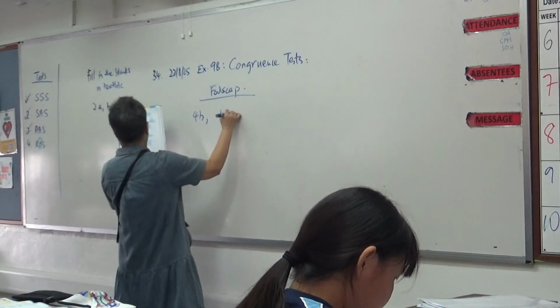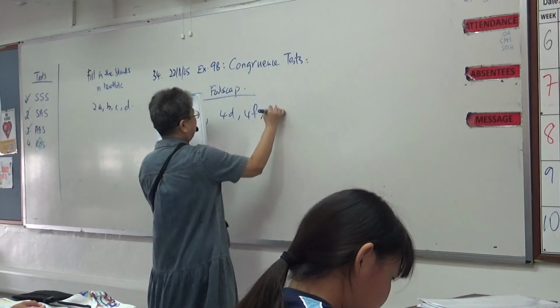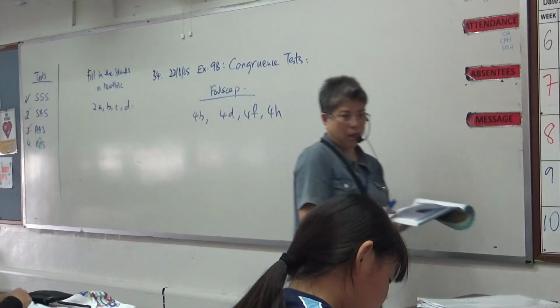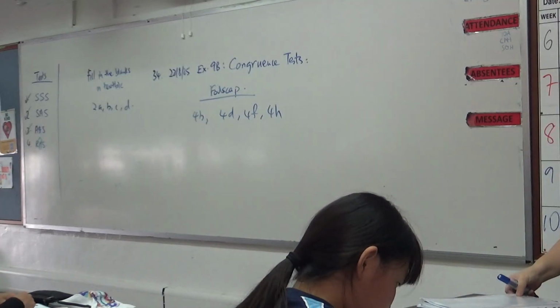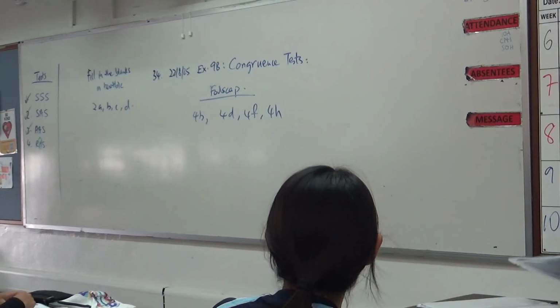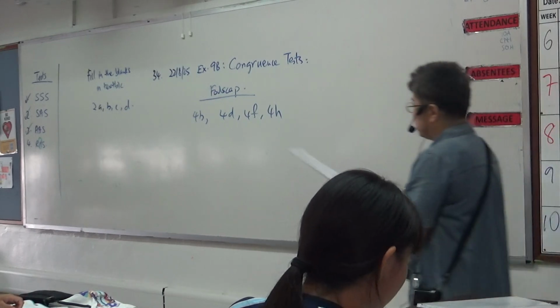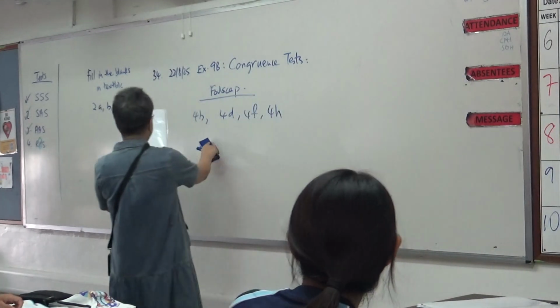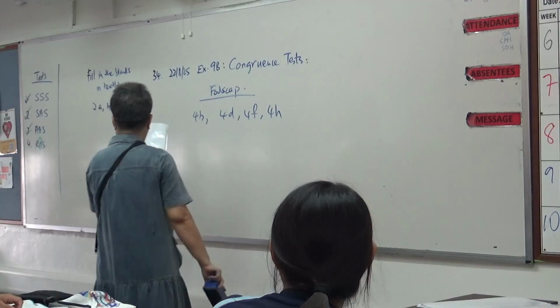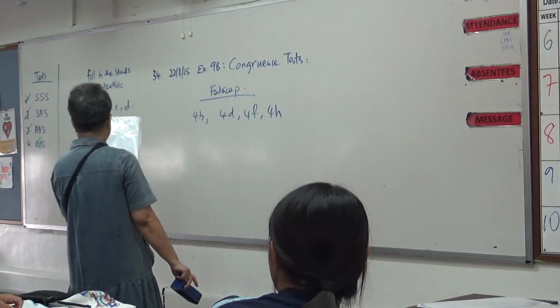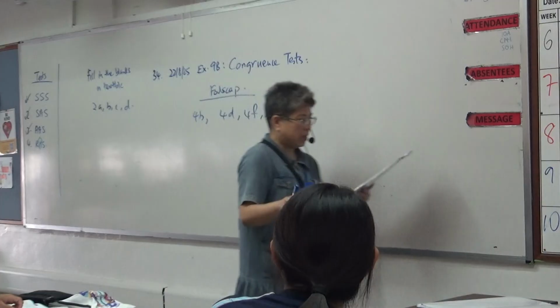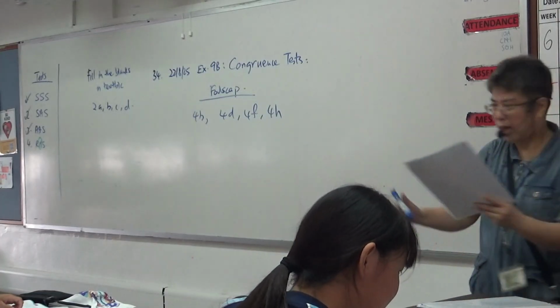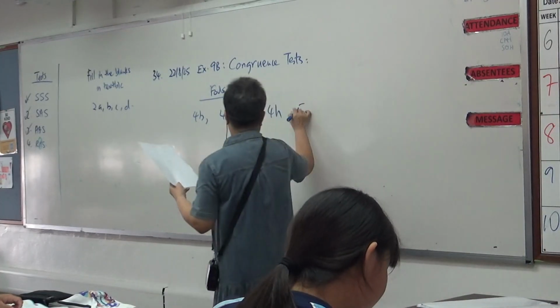For B, for D, for F, for H. Wait, I chose too many already. For B, for D, correct. For B, for D, for F, for H. Okay, and one last one. Oh, no, it's not. 5. That's all.